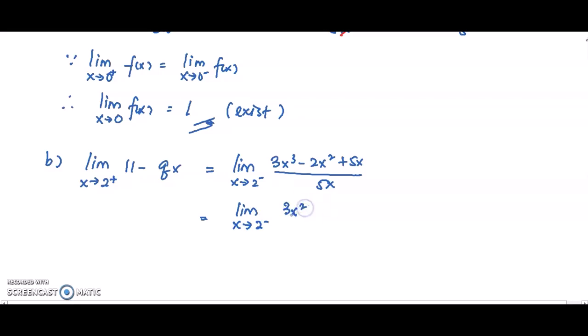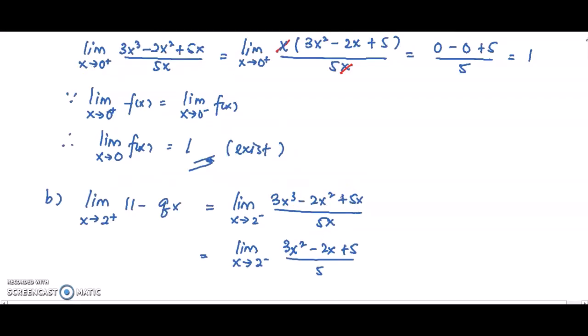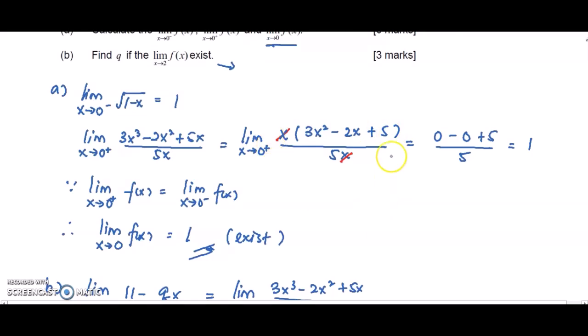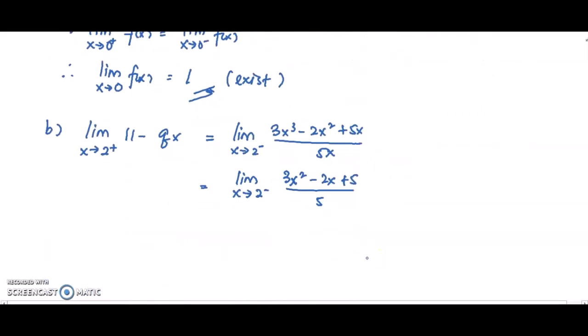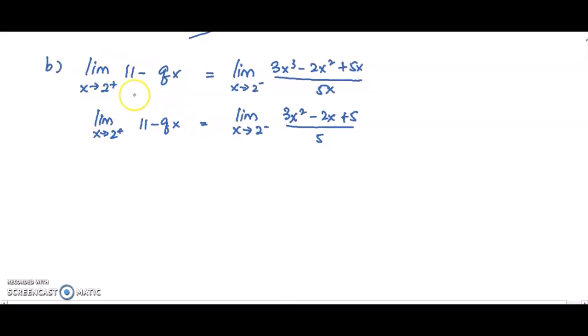I got 3x squared minus 2x plus 5 over 5, after I have cancelled off the 5x in part A. See or not? In part A, we had to cancel off the x. Then for the right-hand limit, just copy it back first. Now I'm going to use the substitution method to find this limit.